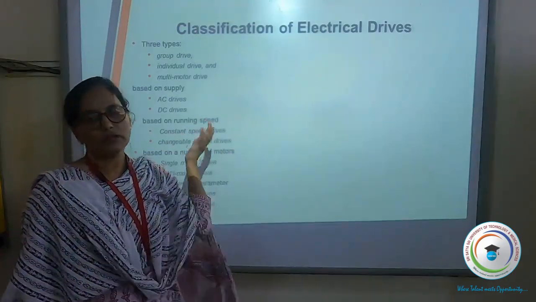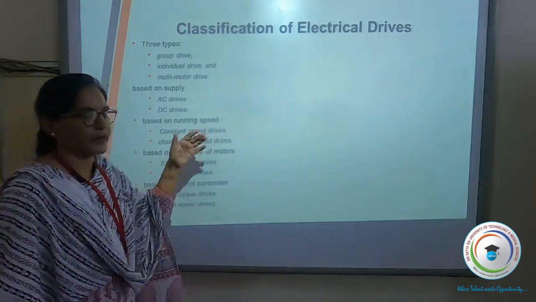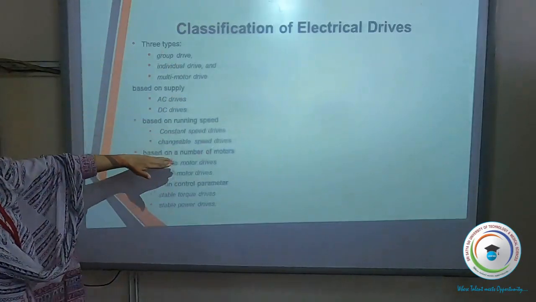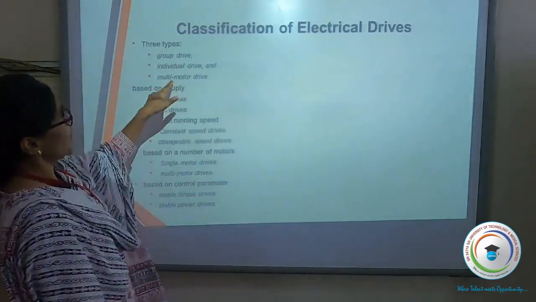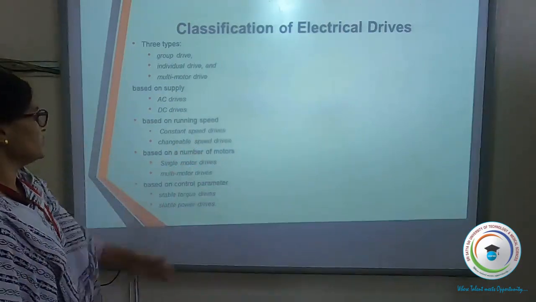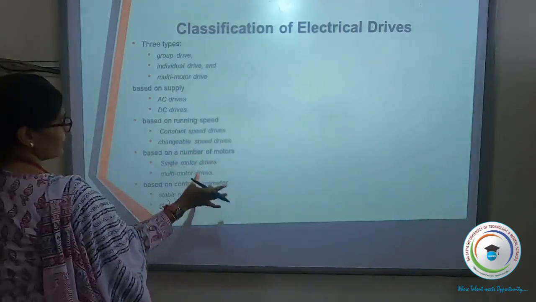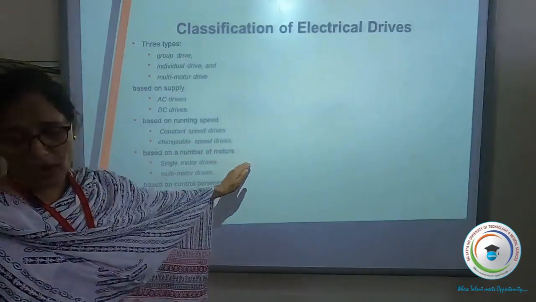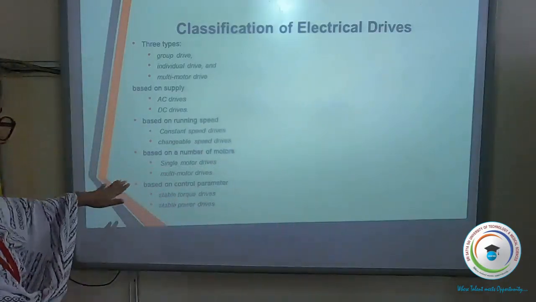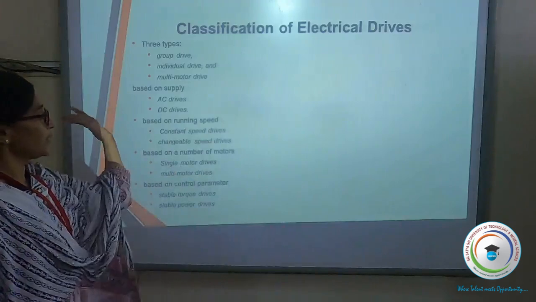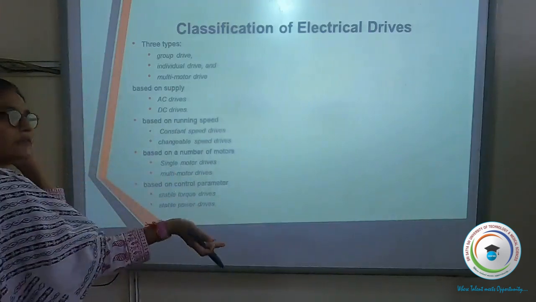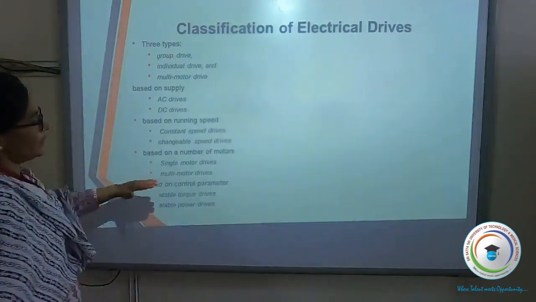Generally the term is variable speed drive. Now based on the number of motors, it can be a single motor drive or multi-motor drive. The drive system which employs only a single motor is called single motor drive. The drive system which employs a number of motors all together at the same time is defined as multi-motor drive.